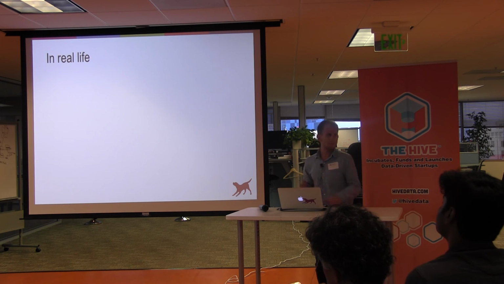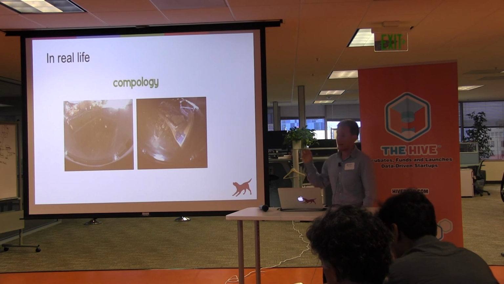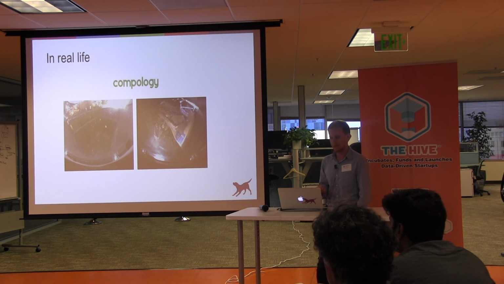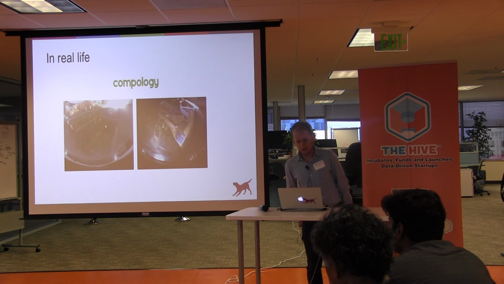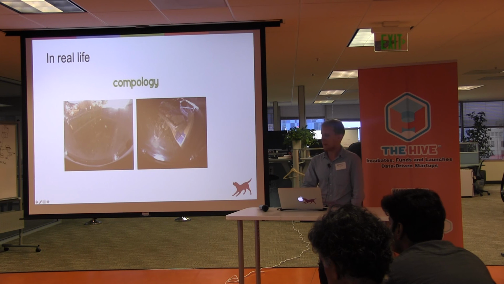So in real life, this is one example of one of our customers and what they managed to do with this pipeline. This is one of my favorite examples because it's just hilarious. It's a company called Oncology. They're trying to disrupt the trash business in San Francisco. And what they're trying to do is eliminate pickups. So they put cameras in dumpsters, and they just don't want trucks going to the dumpsters that aren't full.